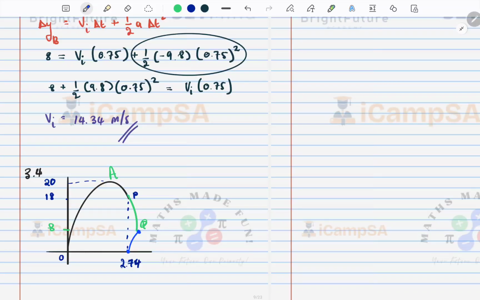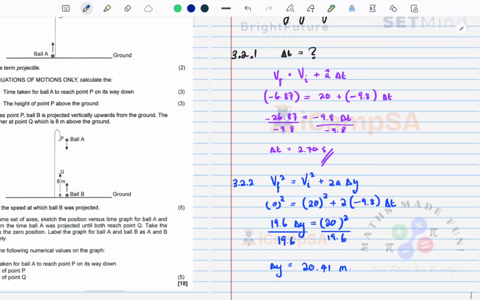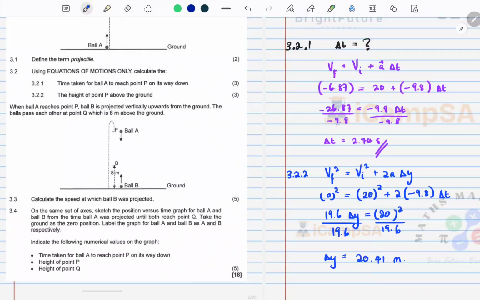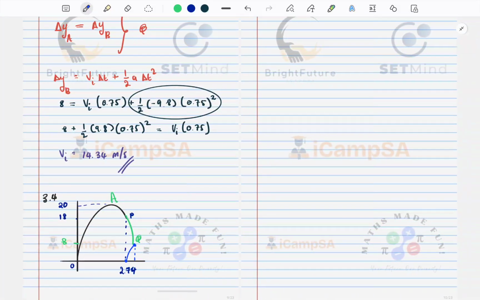So then you can just say 2.74, you add this time here, and then you're going to get it. But this is what they said they need. So you can verify if you've got everything. You've got the height of point Q, you've got the height of point P, and you've got the time taken for ball A to reach point P. Okay, this is basically what you have here.